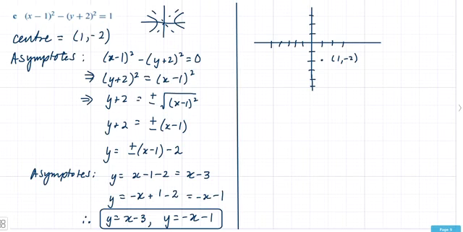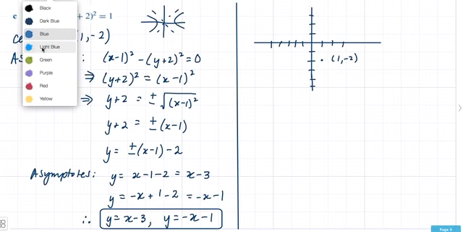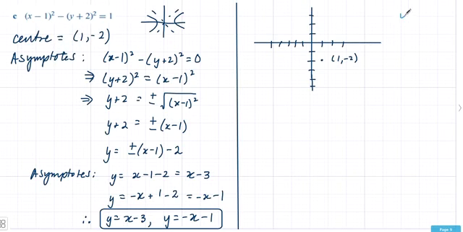So we really have to think about these two lines. This is y = x - 3. I'll colour code these. This is going to be light blue. x minus 3 has a y-intercept at -3, and when x equals 3, y equals 0. So it's this straight line here. That's y = x - 3.